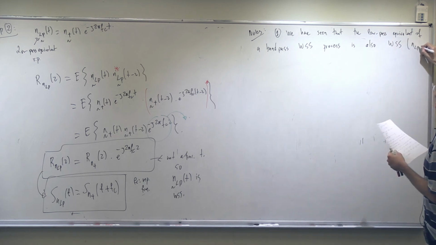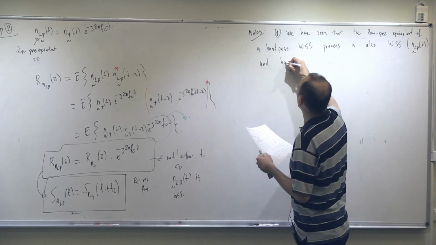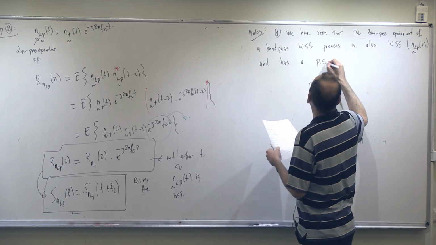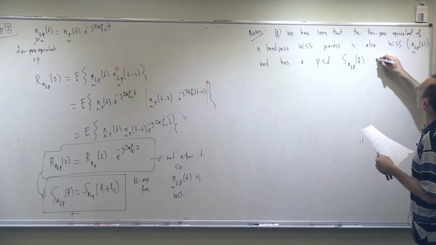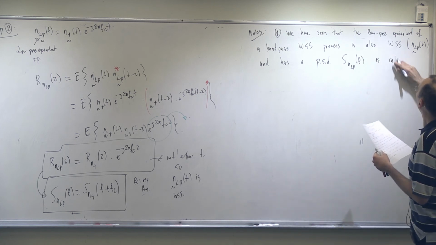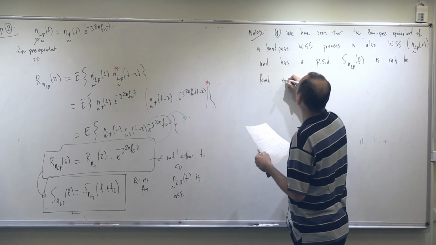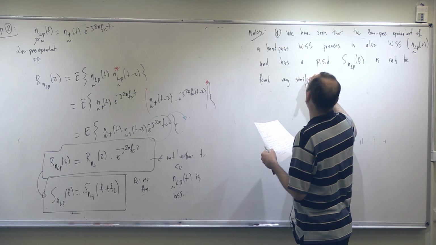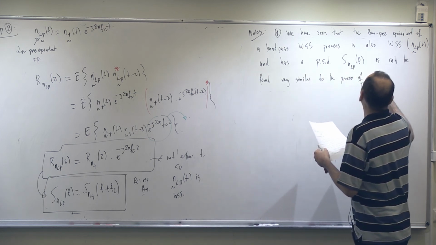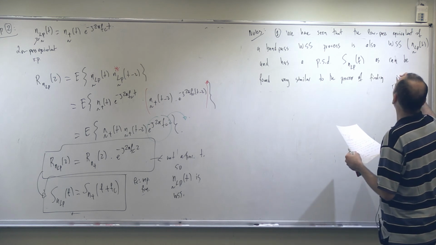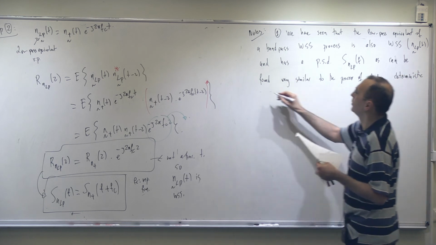So I'm talking about this lowpass equivalent, and it has a power spectral density S_lowpass(f) that can be found very similar, if not identical, to the process of finding a deterministic signal's lowpass equivalence.